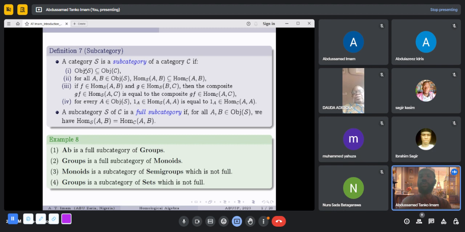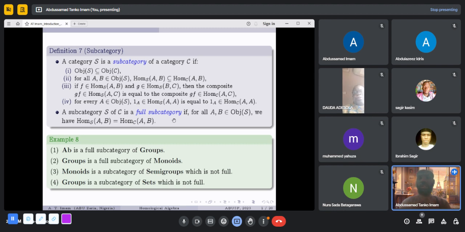Now, if all morphisms between any two objects in C are also morphisms between those objects in S, then S is said to be a full subcategory. This is the notion of full subcategory.